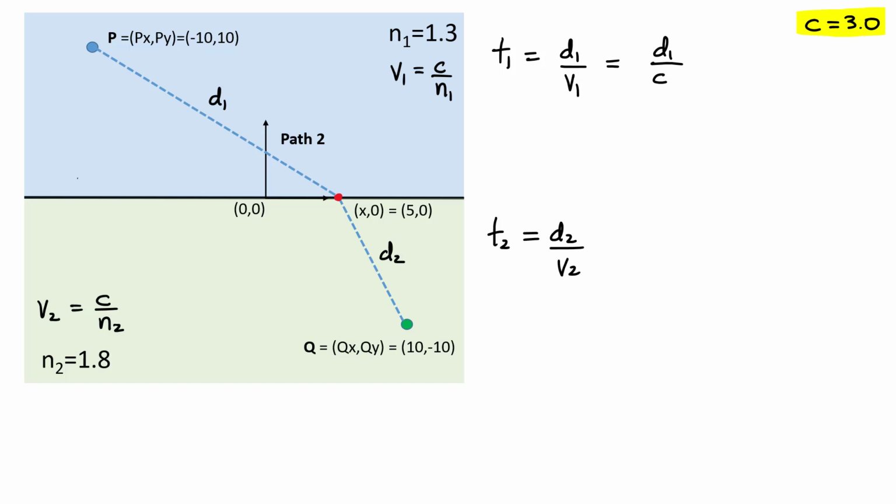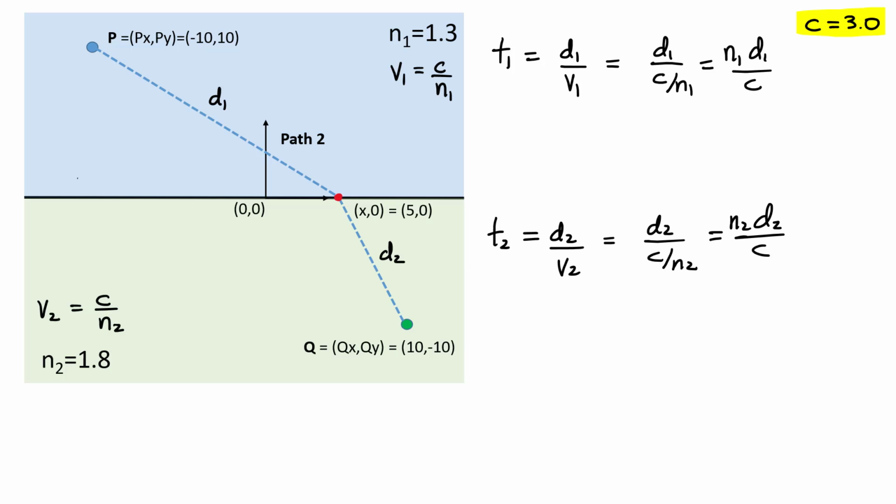So here we have c divided by n1, and here we would have D2 divided by c divided by n2. Now you can bring the index to the front. That cleans it up a little bit. n1 D1 divided by the speed of light, and here we'd have n2 D2 divided by the speed of light.